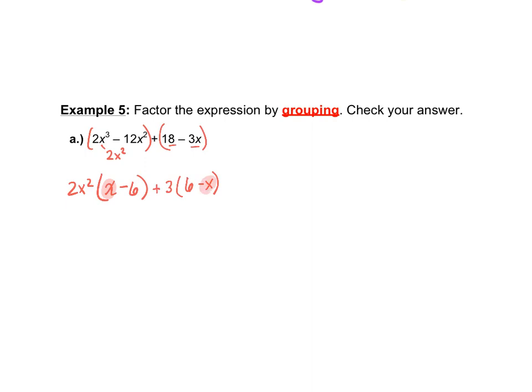So the way that I can fix that, if I want this to be positive, then I change the signs of these. We did that when we were with subtraction. We just did it the opposite way. So I just multiplied everything by negative 1 basically for the second half, and now they match. So I have 2x squared minus 3, and now I have a positive x and a negative 6.